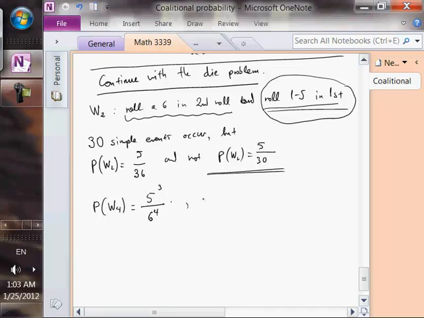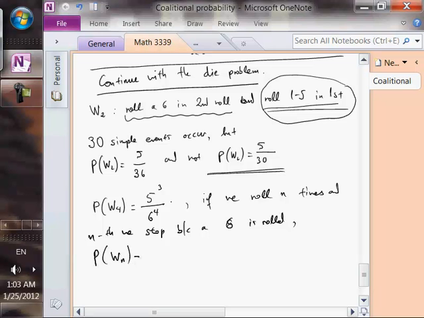And in general, if we roll n times, and the nth time we stop because a 6 is rolled, no 6 having been rolled in the previous n minus 1 times, the probability of the occurrence of this event, I would call it W sub n, is 5 to the n minus 1 over 6 to the n.